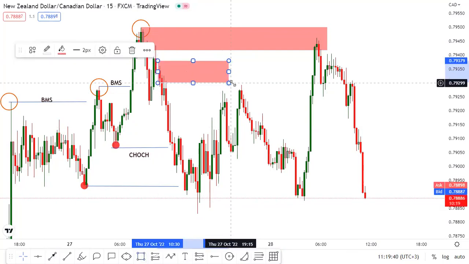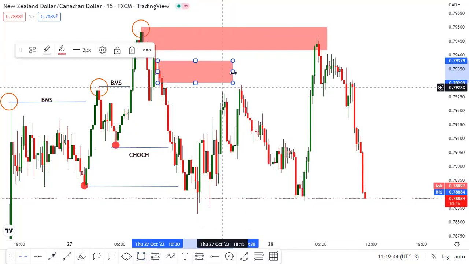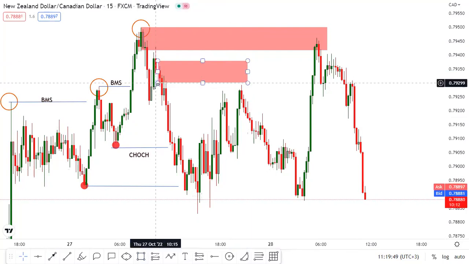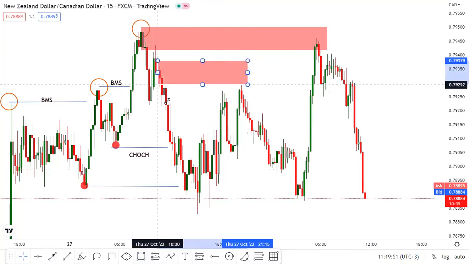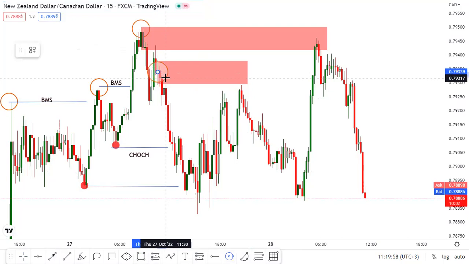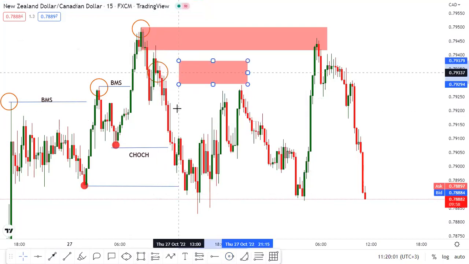Did I tell you about what you call an indecision candle? Indecision? Yeah. Now you can see this is an indecision candle here. You can see this one. We have an indecision candle here. Can you see it? Let me remove this. Can you see that?